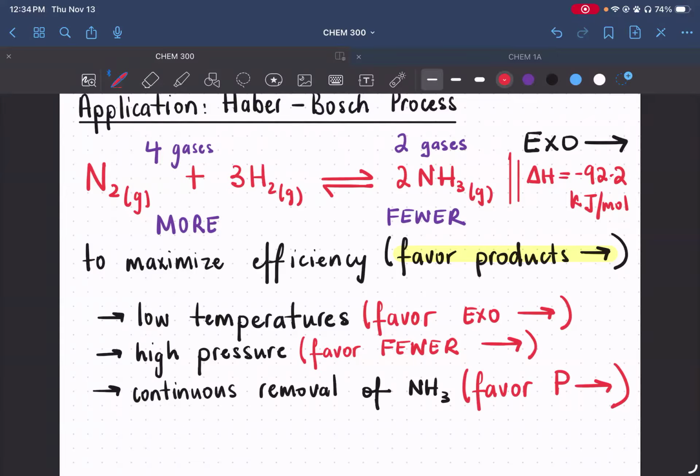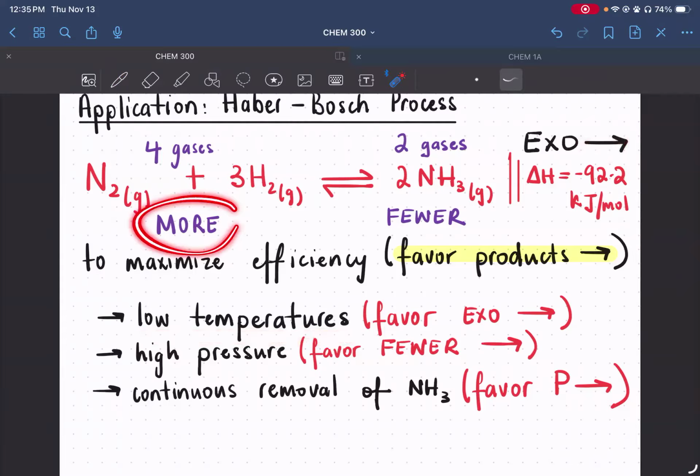And this is the utility and beauty of Le Chatelier's principle. Using very simple qualitative trends, we're able to carry out reactions to maximize efficiency. We looked at this reaction, we analyzed this reaction, and we said based on various factors, it was exo to the right, to favor exo, we take place at very low temperatures.